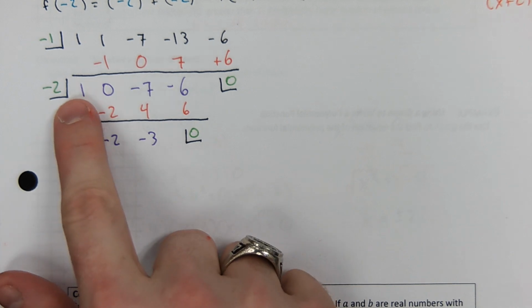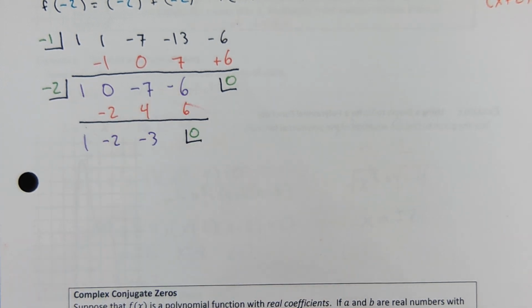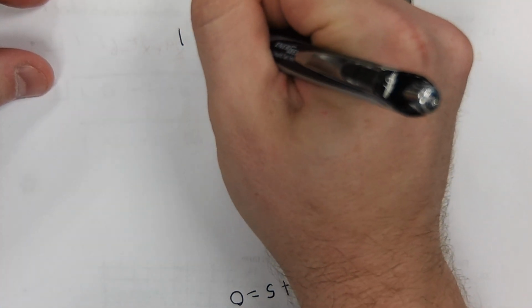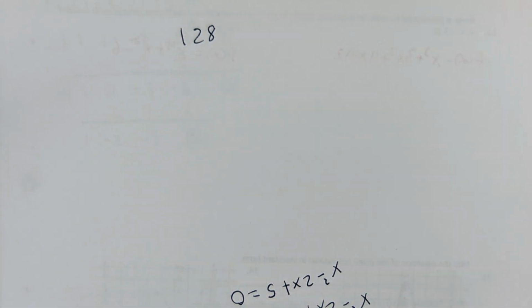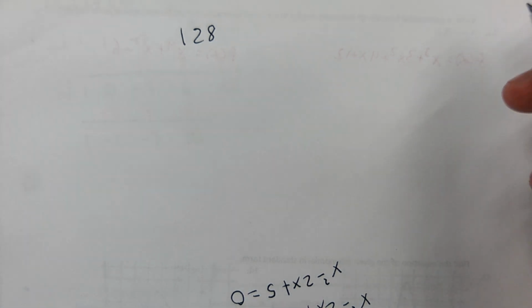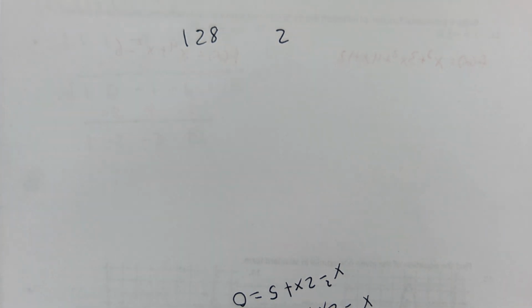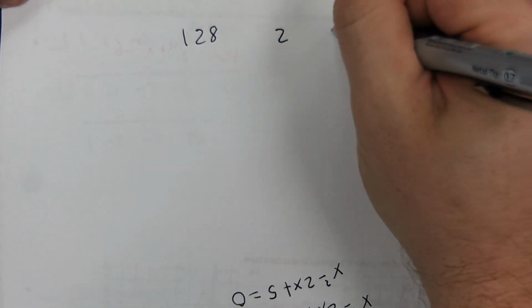Why did I do synthetic division here? So imagine I asked you to factor the number 128. So instead of a polynomial, we just got a big number, and I'm asking you to factor it. And I told you that, or you found out that 2 goes into it, and so does the number, I don't know, 16.